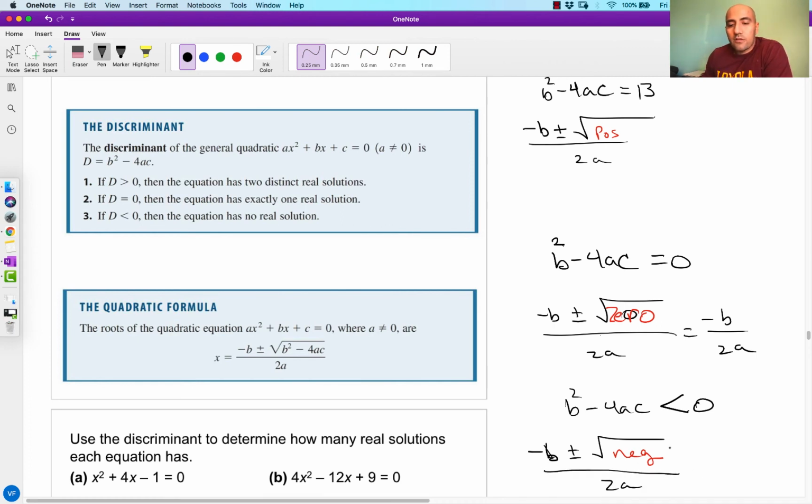And this will result in imaginary solutions. So no real answers. That's what this means right here. No real solutions. Imaginary.